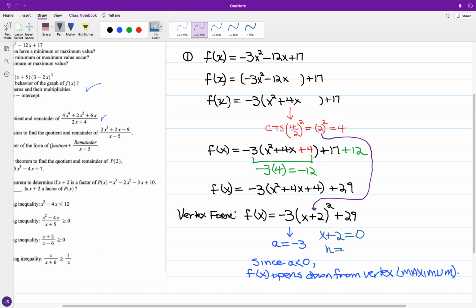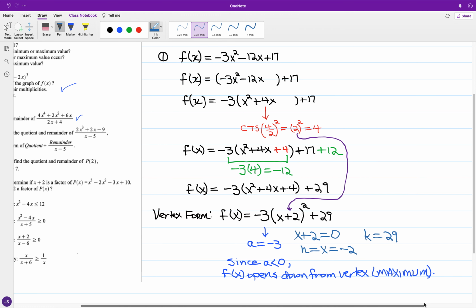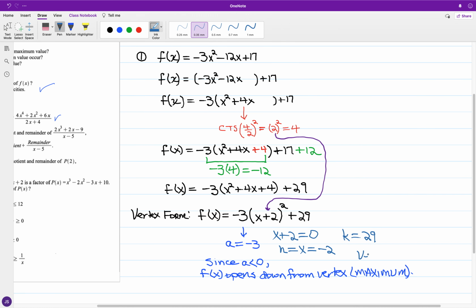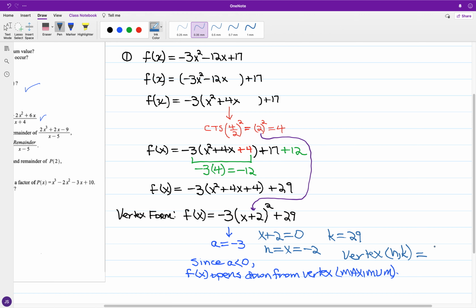So you have that h is equal to x is equal to negative 2. Again, we have the k value. The k value is going to be 29. So you have the vertex hk, that's going to be at negative 2, 29.